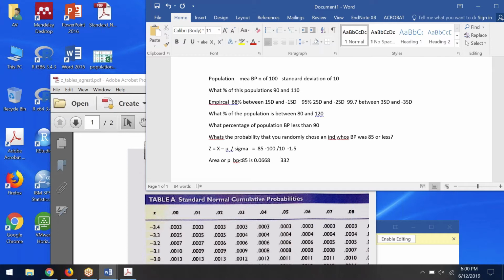Where's that? Okay, 0.9332. Let me add those two together. 10 carried 1, 10 carried 1. That looks right. I believe that might actually be right.